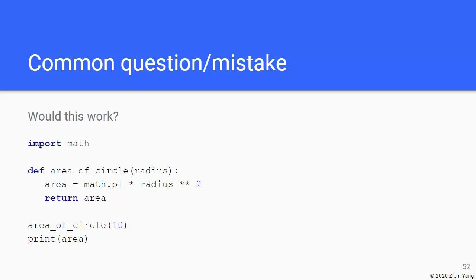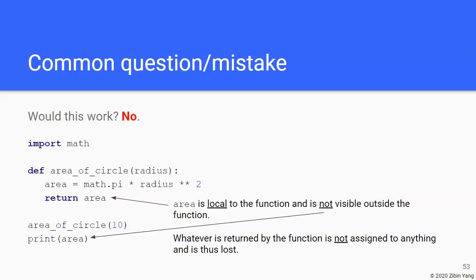What about a slightly different case? If we just call the function, but we don't assign what it returns to a variable, but we still try to print out the variable area, would that work? Well, this won't work because area is again a local variable.